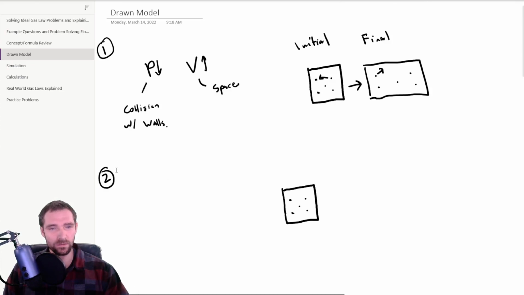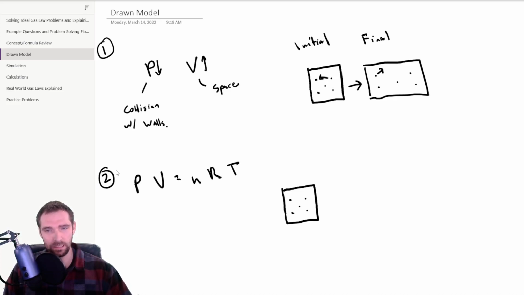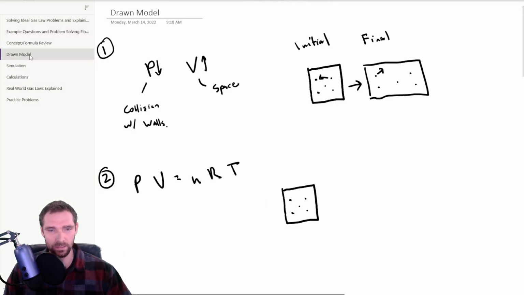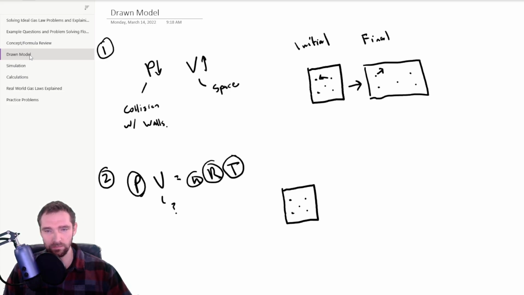This second one, how I like to think about these is that we basically have this relationship PV equals nRT. And in this second problem, it looks like we have the moles, the temperature, the pressure. We don't know the volume. So what we're basically saying is, let's say that you know all of this information, and that is what we're trying to solve.